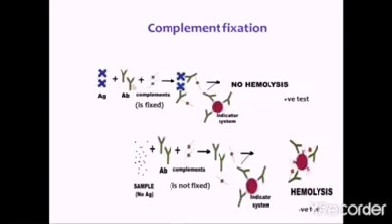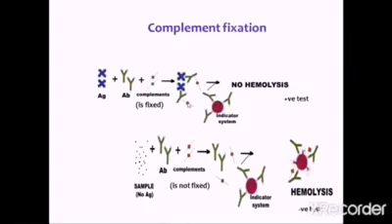So if both of these match, they would attach to the complement system. Then the indicator system, which consists of sensitized red blood cells, that is, red blood cells plus anti-red blood cell antibodies, is added.